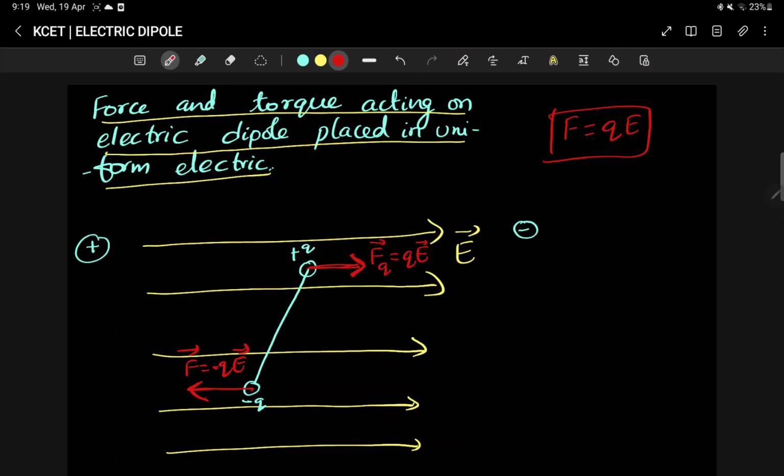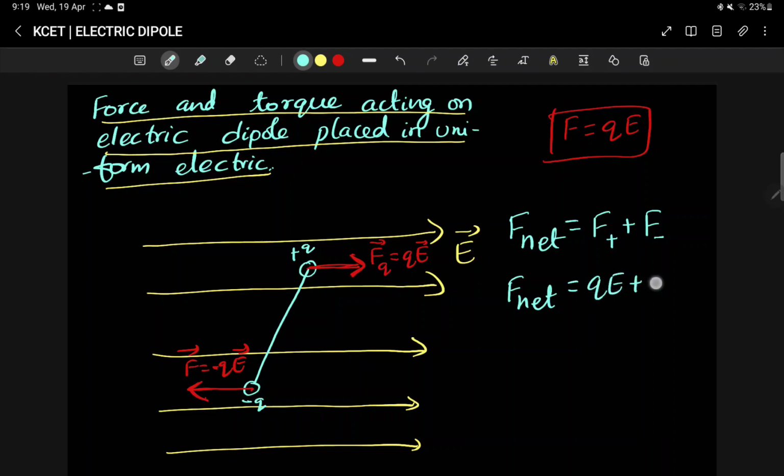Okay, now what is the net force? Net force is equal to force on positive charge plus force on negative charge. So net force is equal to qE plus minus qE.